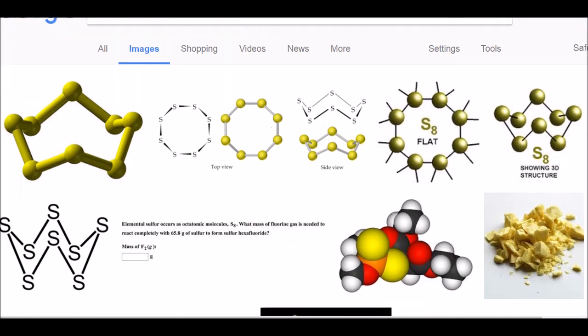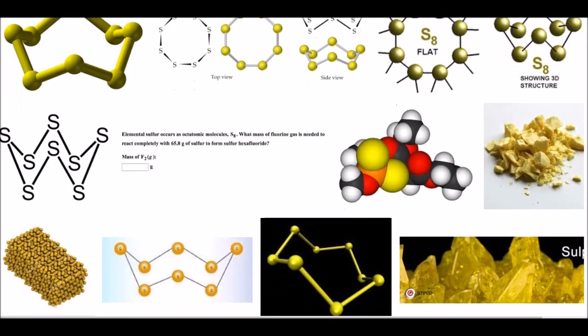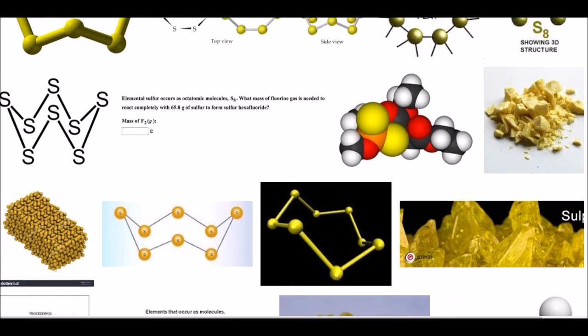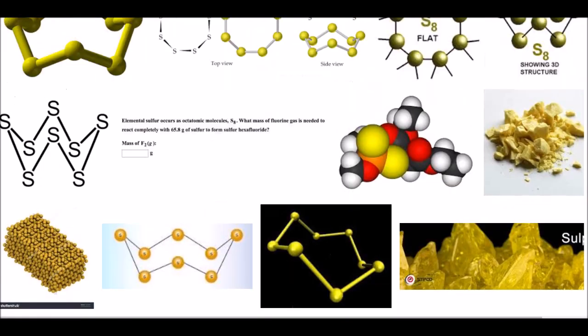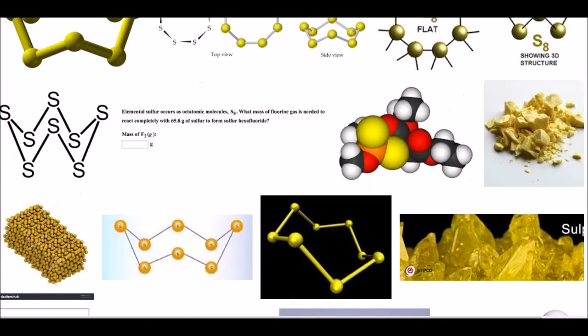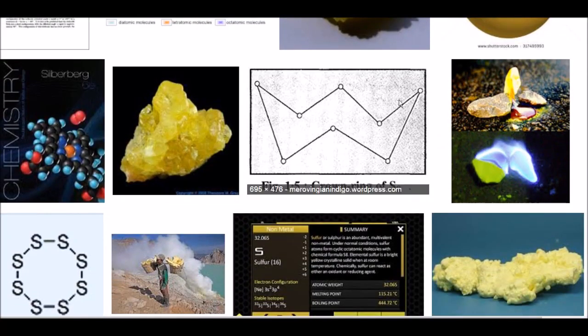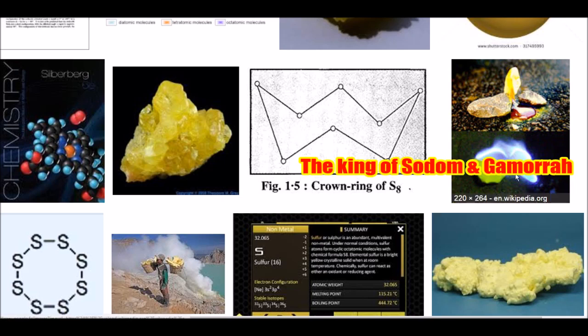This is the S8 configuration of the sulfur molecule. And as I was scrolling down, I said, this looks a lot like a crown. And whose crown might this be? And when I got to this image, it confirmed that it looks like a crown because they call it a crown ring.